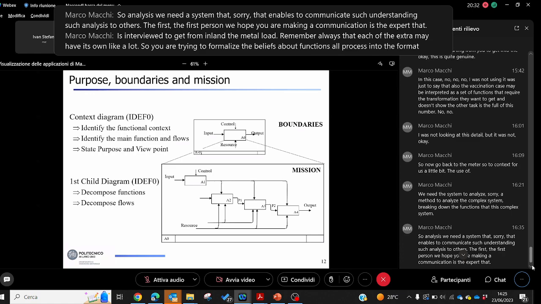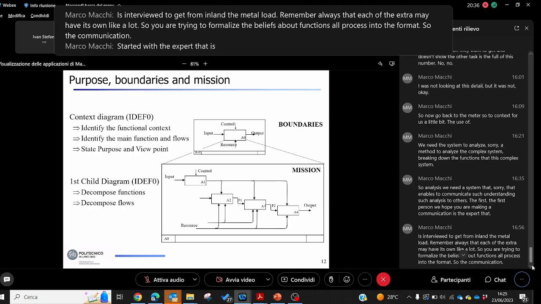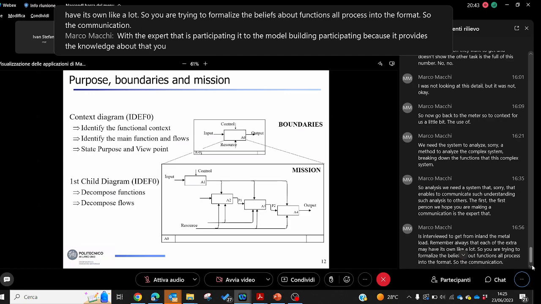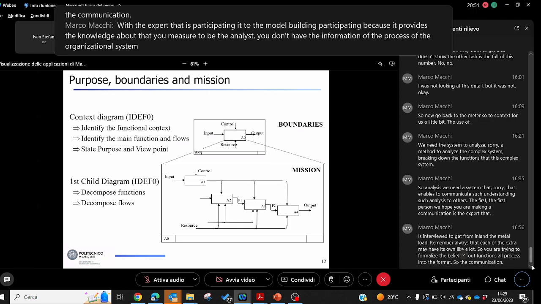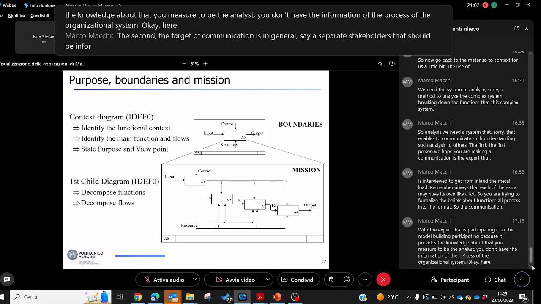So the communication first starts with the expert participating in the model building. They participate because they provide the knowledge. Imagine you are the analyst; you don't have knowledge of the process, of the organizational system. The second target of communication is, in general, a set of stakeholders that should be informed to create consensus.